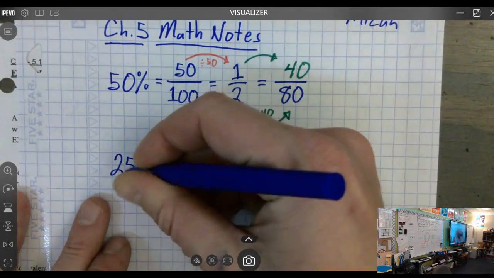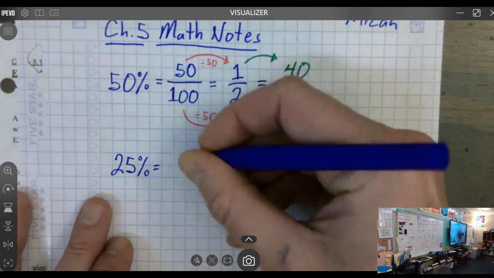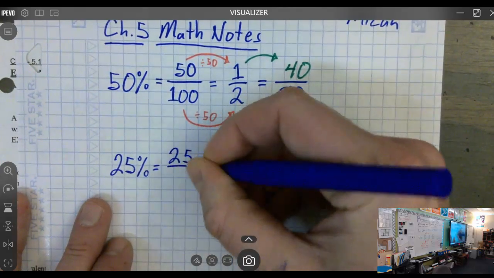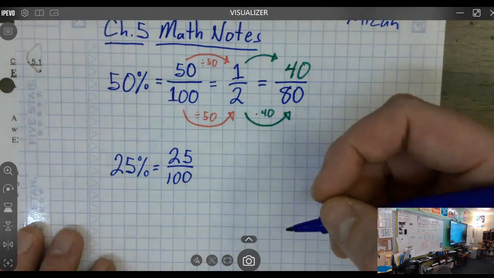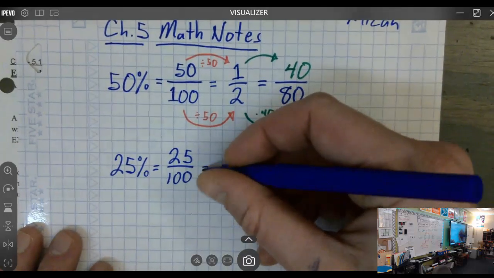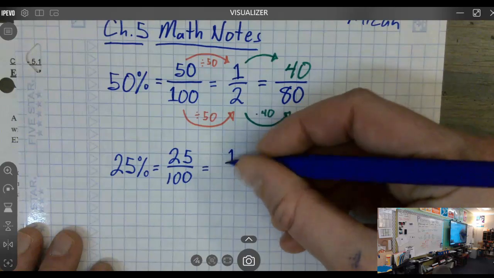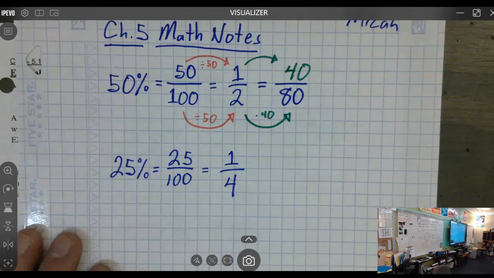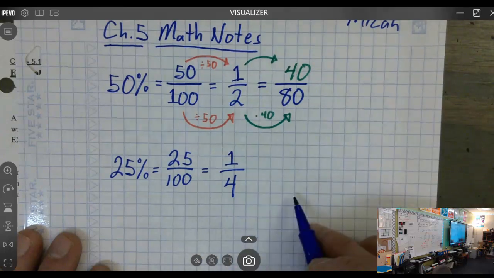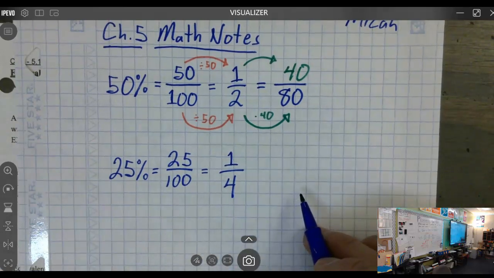So 25% would become 25 over 100. You should be writing this down. It reduces to a fourth. And then we could build it up if we need to.